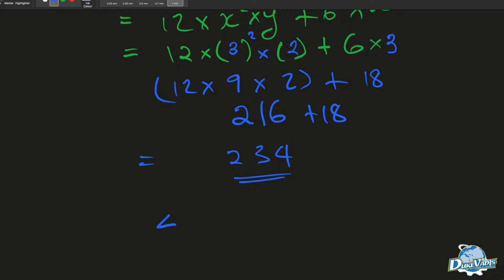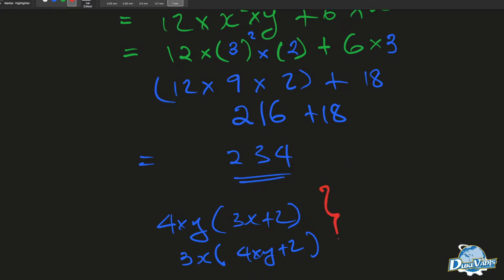The given expression is 4xy into bracket 3x plus 2, and the next one is 3x out 4xy plus 2. You see, when we look at these two statements mathematically, they are different.